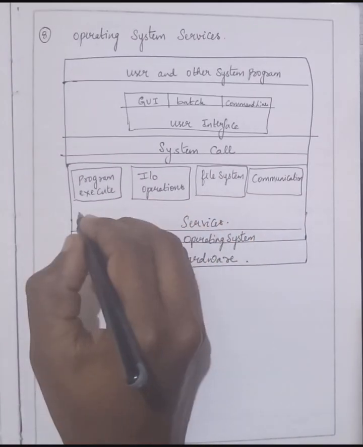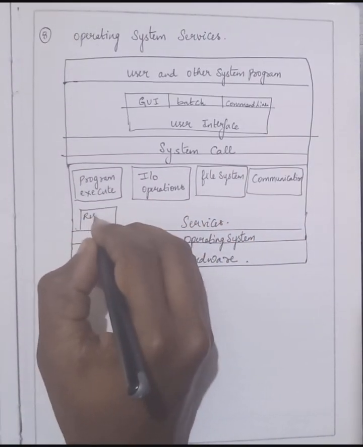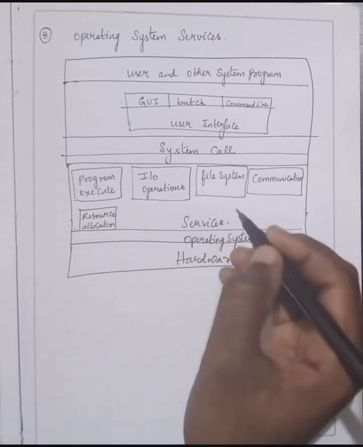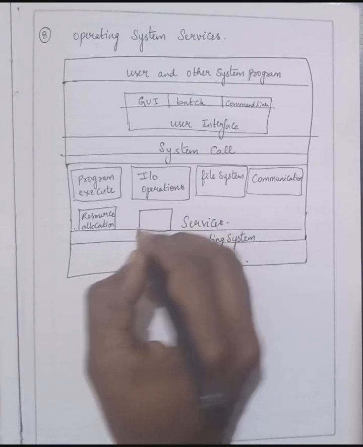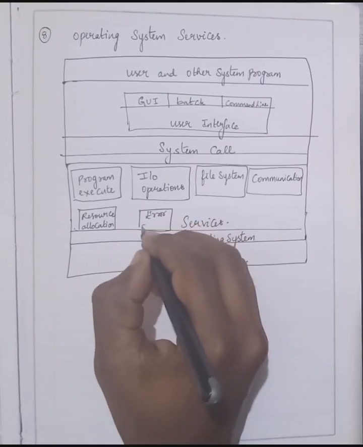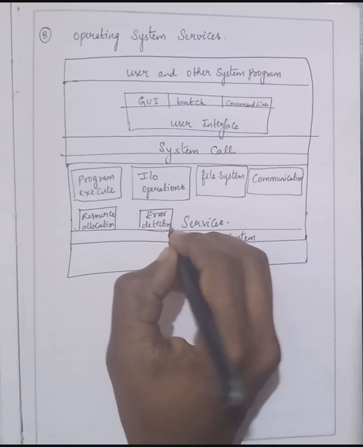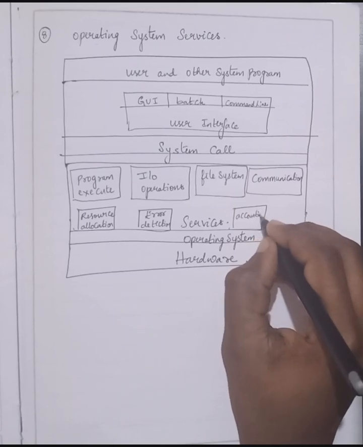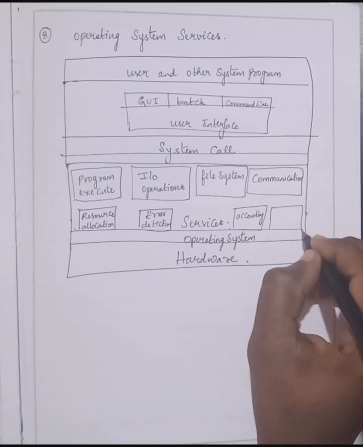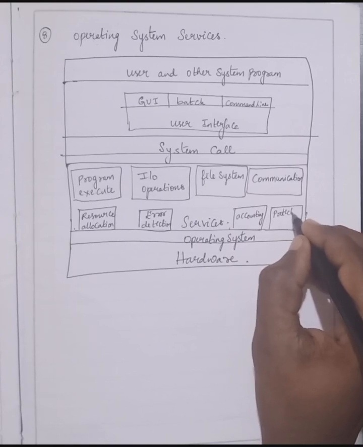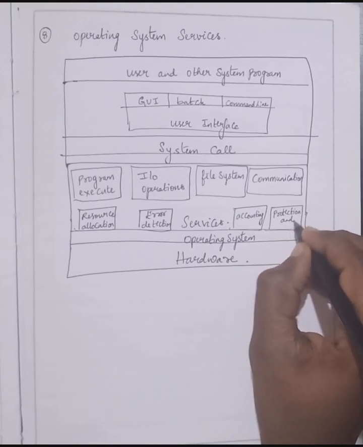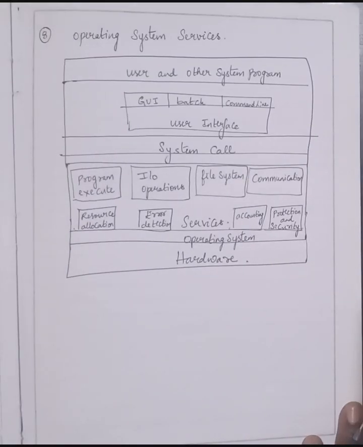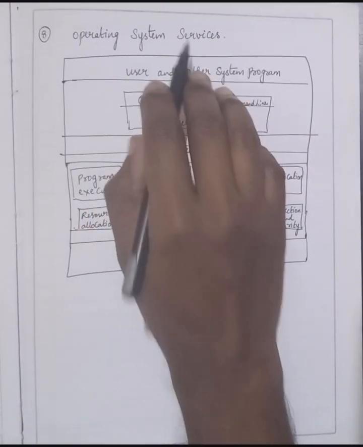Then resource allocation. Then error detection. Then accounting. And last but not least, protection and security. This is the diagram you need to write whenever they ask you about operating system services.